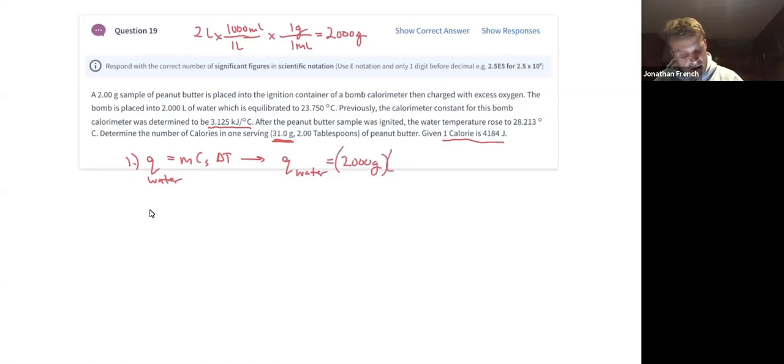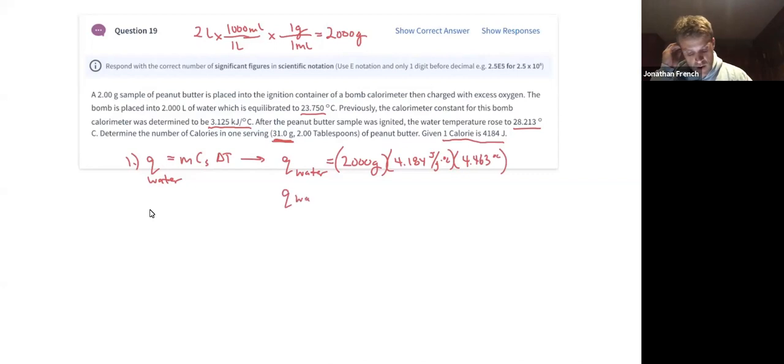The specific heat of water is 4.184 joules per gram per degree Celsius. And then my delta T of the water, I go from 23.75 to 28.213, so 28.213 minus 23.75, right, is 4.463 degrees Celsius.